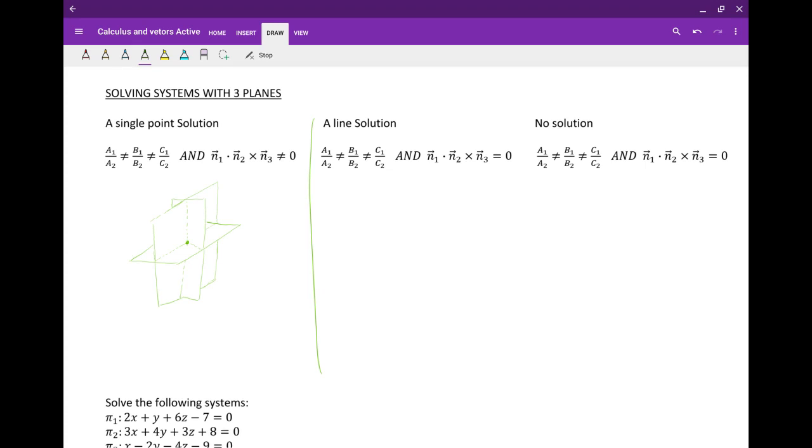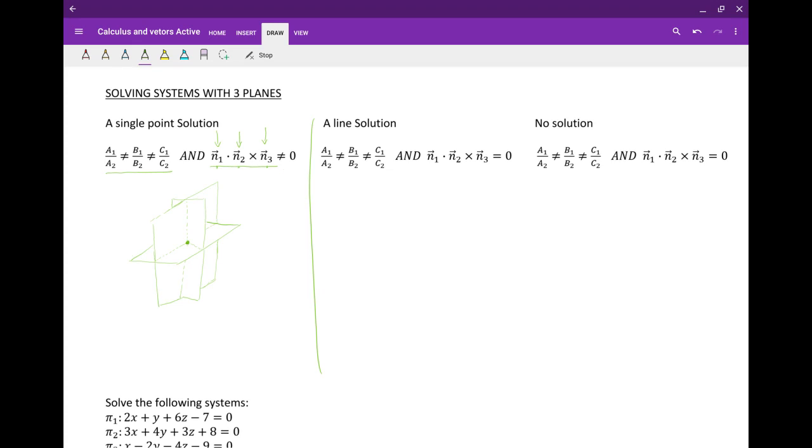All right. Now, in this scenario, all planes are non-parallel, okay? So no plane is parallel to another, right? And then also if I take their normals and cross them and then dot them. Remember, I have three planes, so I have three normals. So I first cross product two of them and then dot the third. I get a non-zero number, okay?